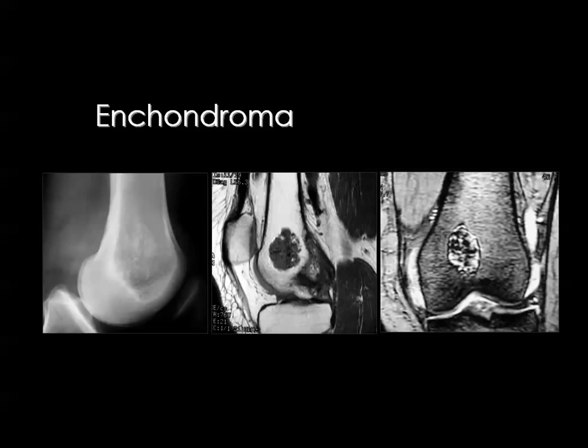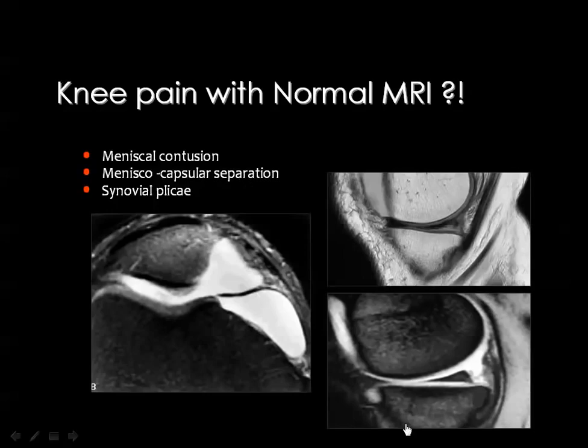Then you may mention this lesion and say this is an enchondroma, which is an incidental finding, and look at the rest of the knee. Evaluate the meniscus, evaluate the cruciates, look at the collateral ligaments, look at the patellar retinacula, look at any of the lesions I have mentioned, but do not concentrate on this lesion.